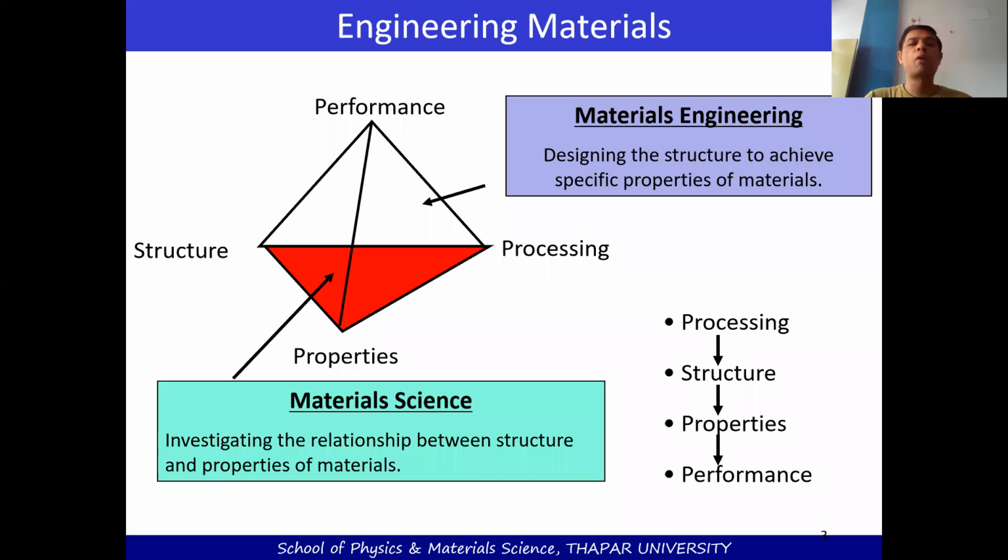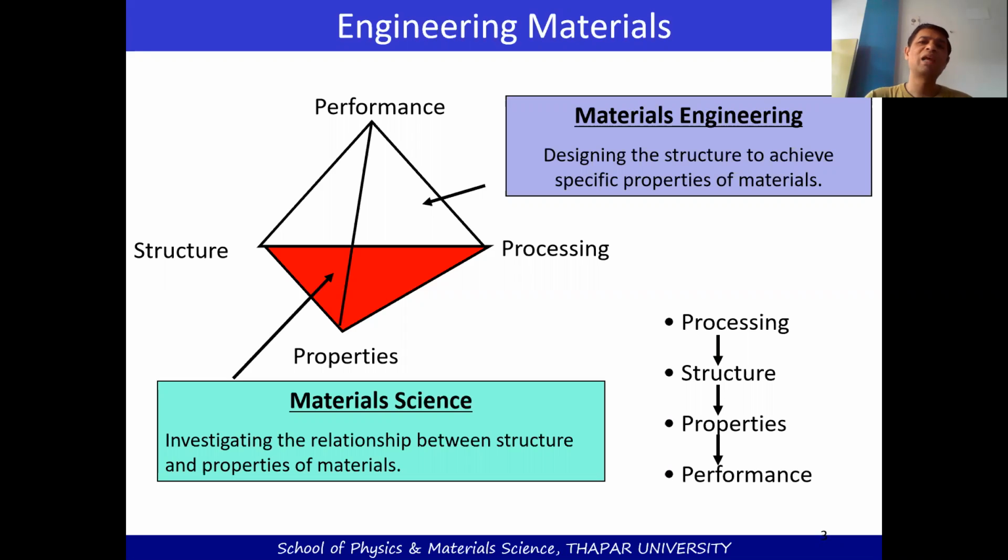Now to fulfill those properties, you need to identify the required material, or rather the required structure which can meet those properties. And once you define the structure, you need to define the processing conditions with which one can achieve that structure. So there is a strong correlation between performance, properties, structure, and processing. So this is one way of approaching a design problem.